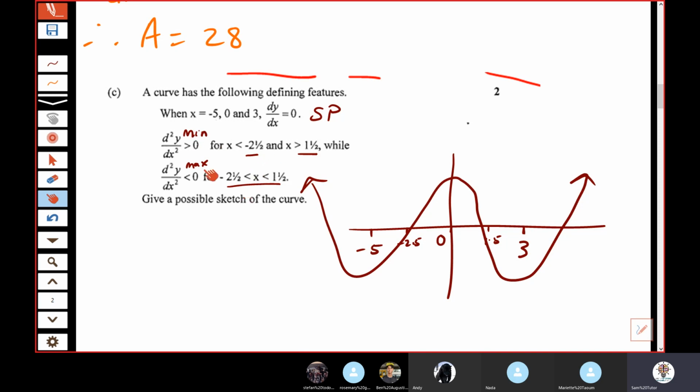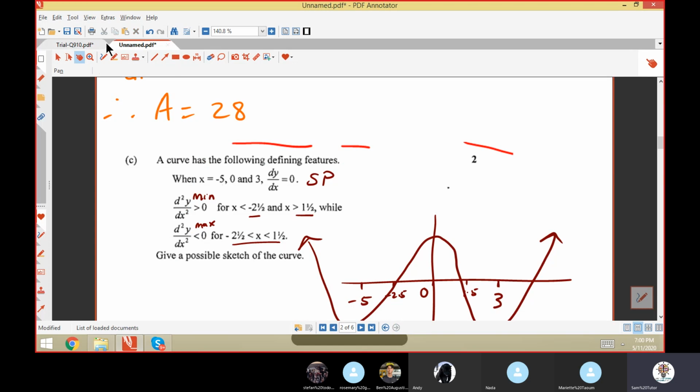Between this, it's a max. So what about at that point? It's a point of inflection. Does that make sense? Before it, it's a min. Between, it's a max. So that means at that point, it must be a POI. Good. Next one. Thank you for the question.